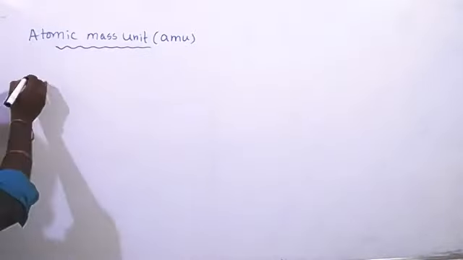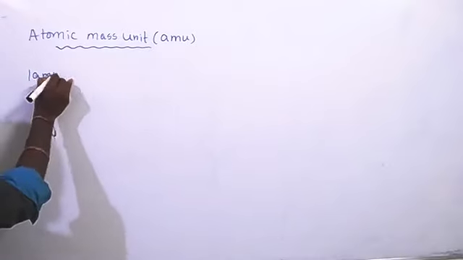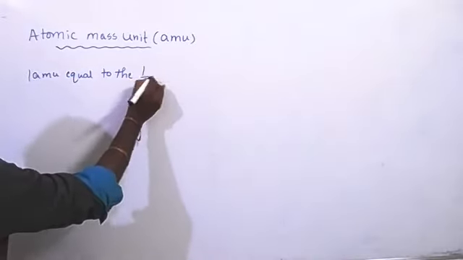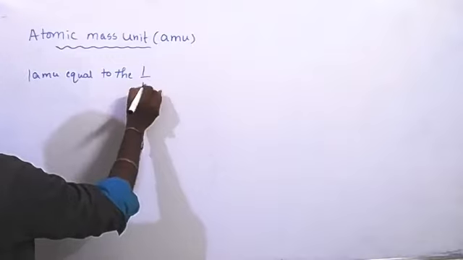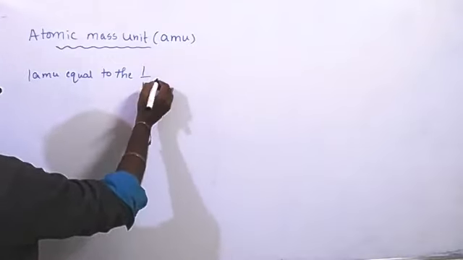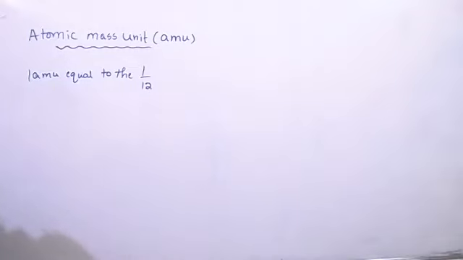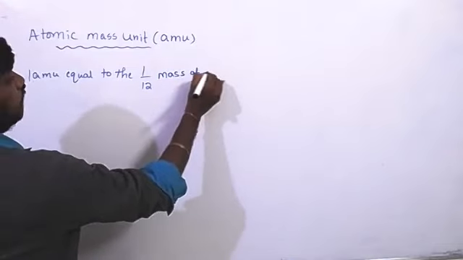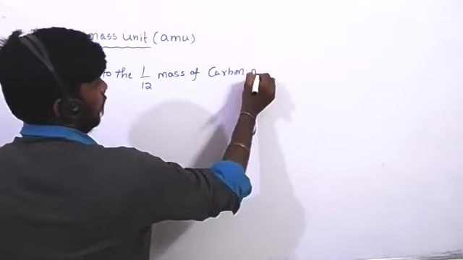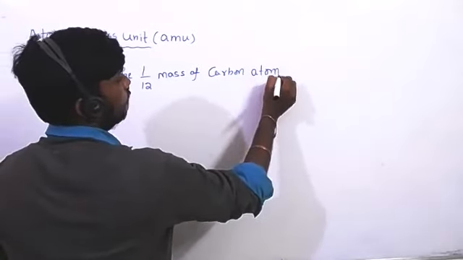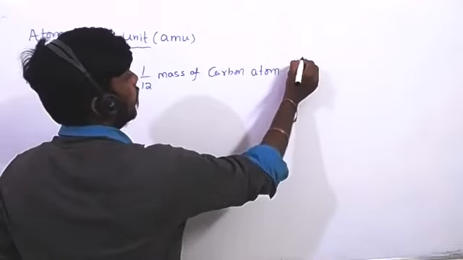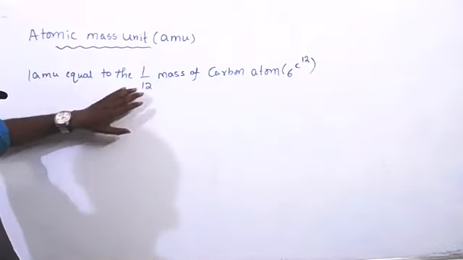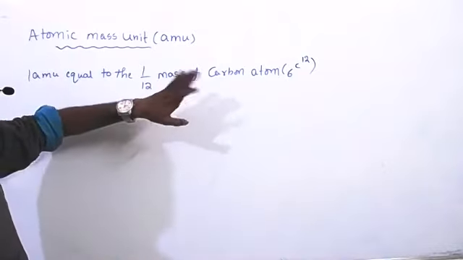So one atomic mass unit, one AMU, is equal to 1/12th the mass of a carbon atom, that is carbon 6C12.